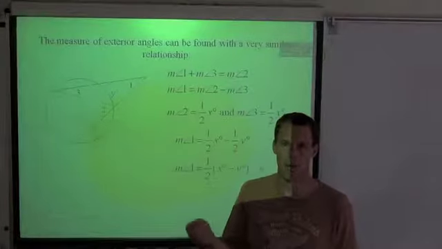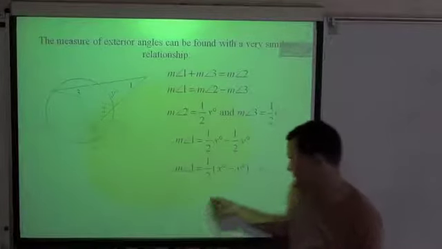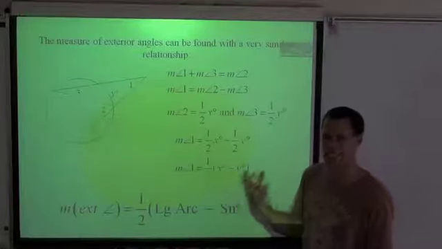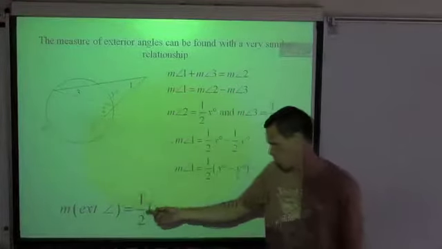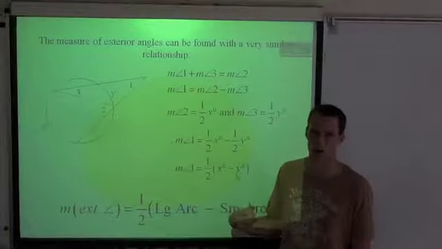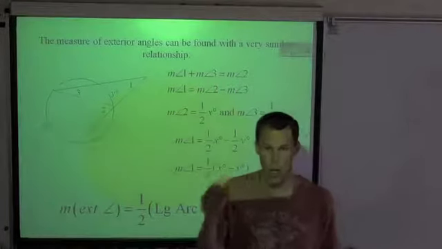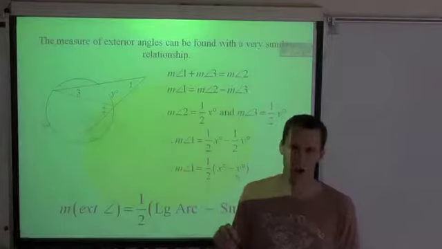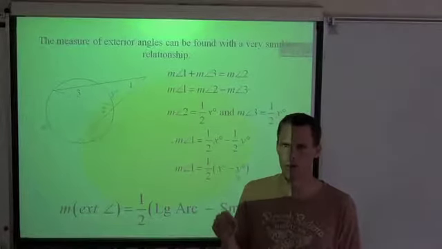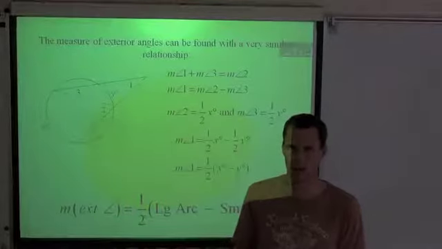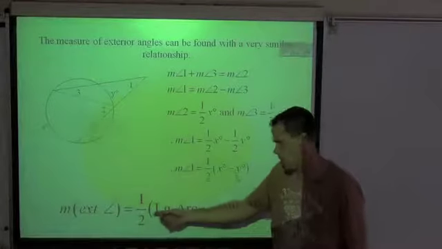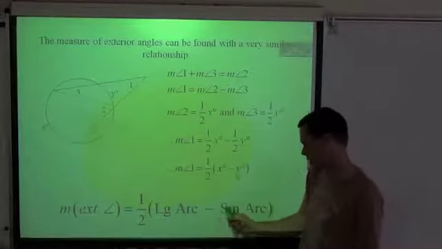It's 1/2 X minus Y, which when we put in the concept, the measure of an exterior angle is equal to 1/2 large arc minus small arc. Large minus small is very important because if you do small minus large, you're going to get a negative number, which is impossible. It must always be 1/2 large arc minus small arc.